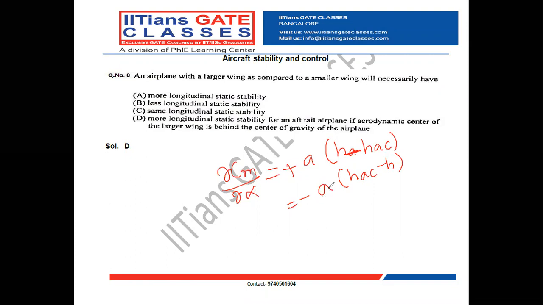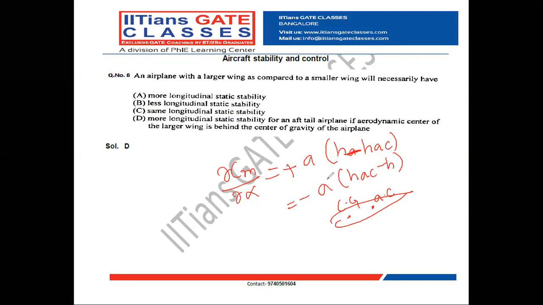That means the CG should be forward of the aerodynamic center of the airplane. So CG should be before the aerodynamic center for a larger wing in order to have longitudinal stability.